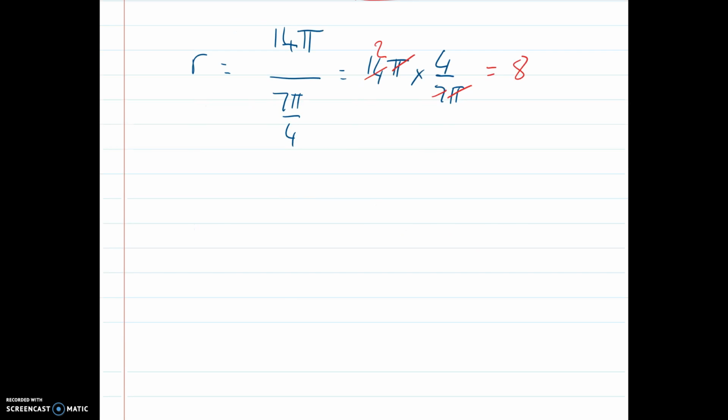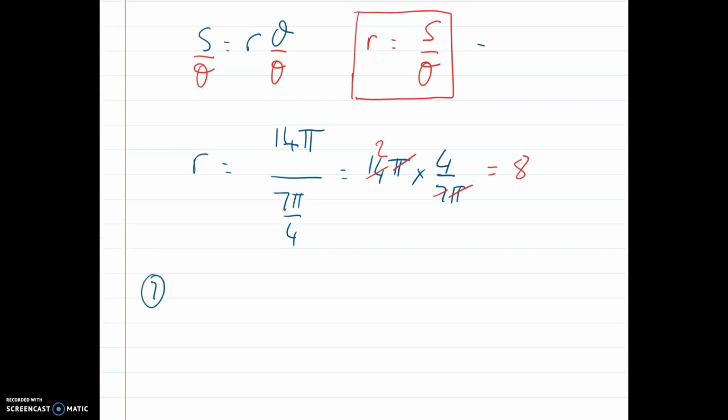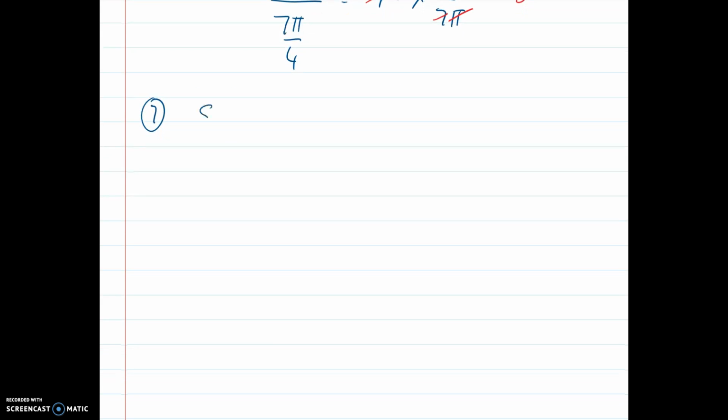Alright guys, so now let's try to do problem number 7. On problem number 7, the question is find the area of each sector. They are giving you the value of S, because they are telling you S equal 2 pi, and they are giving you the radius R equal 6.